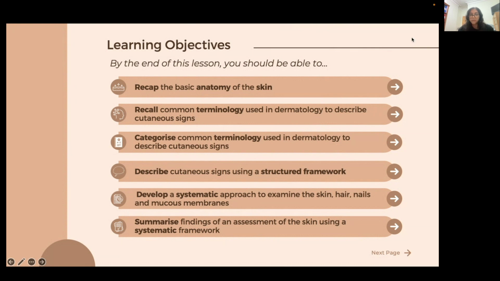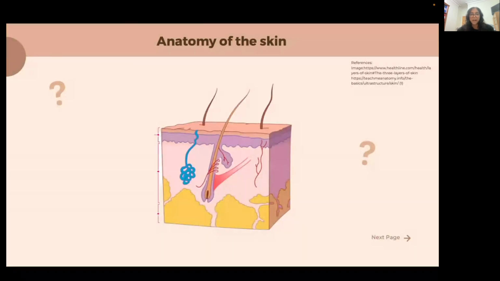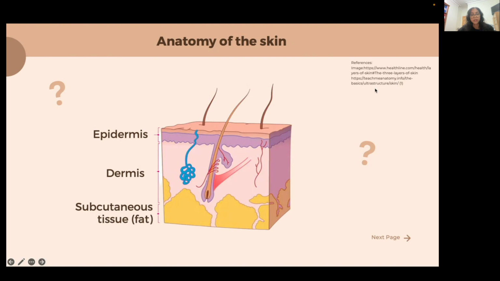Okay, so this is very basic, but just as a recap. When we're thinking about the skin, we're thinking about the three main layers. We've got the uppermost layer, the epidermis, the dermis, and the subcutaneous tissue or the fat layer. We'll talk a bit about each of those layers.